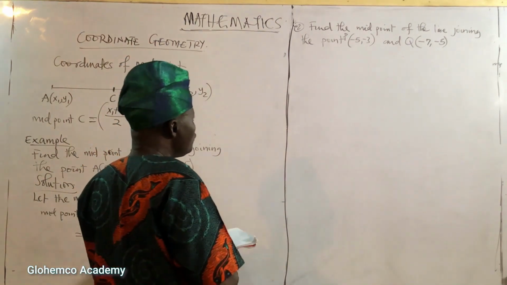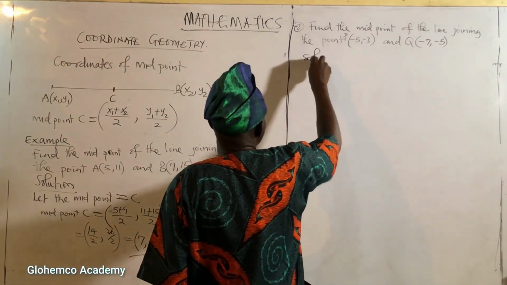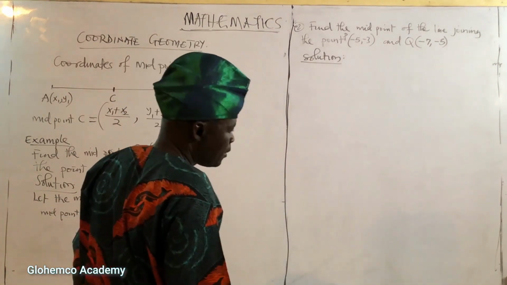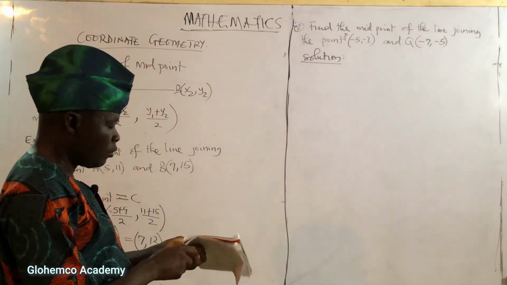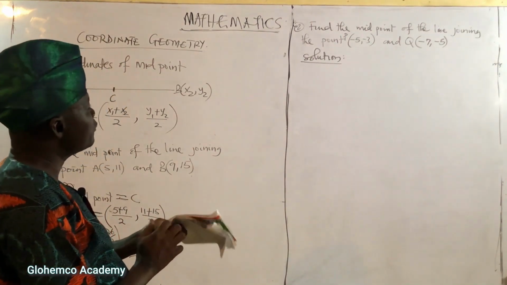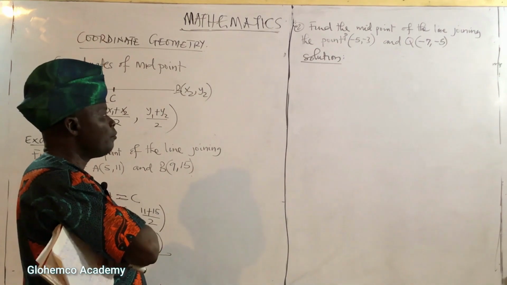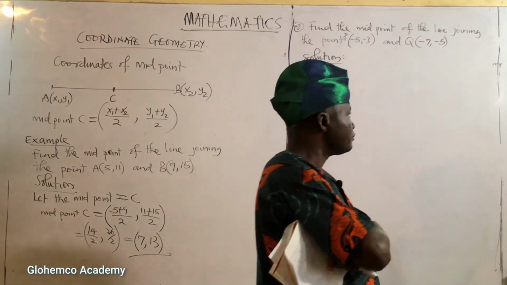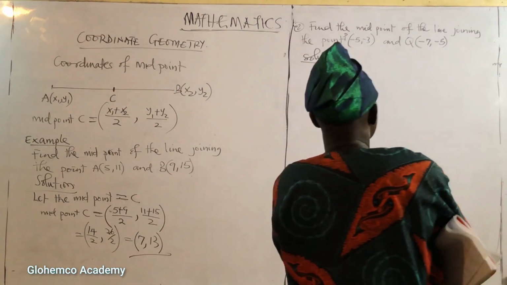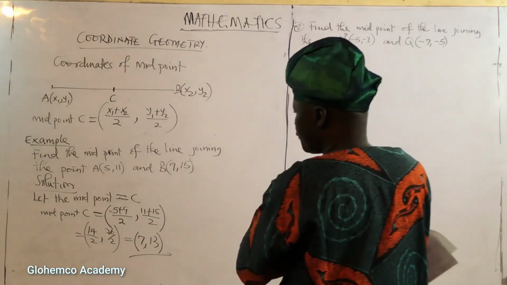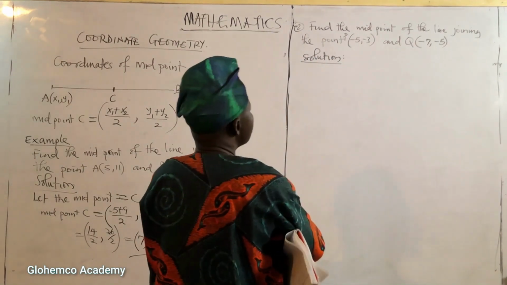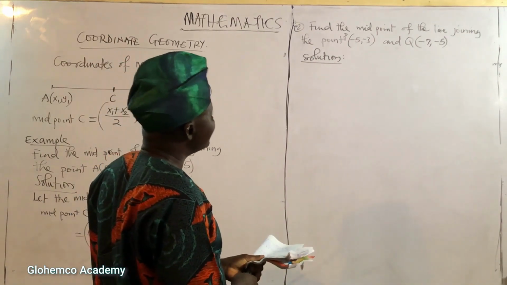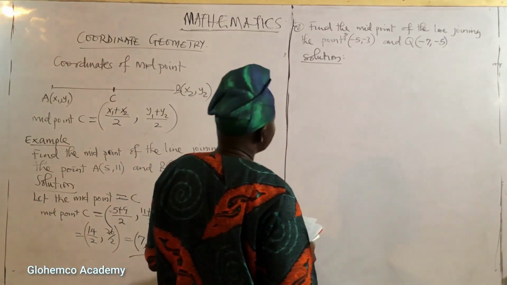Now we want to find the midpoint. How can we find the midpoint of this question? Point P is (-5, -3), and point Q is (-7, -5). In this case, we have to determine the midpoint.